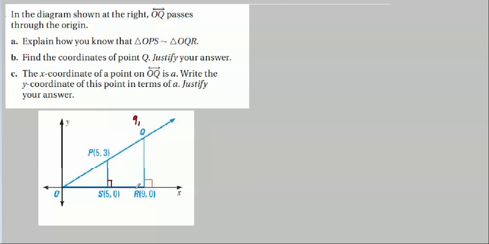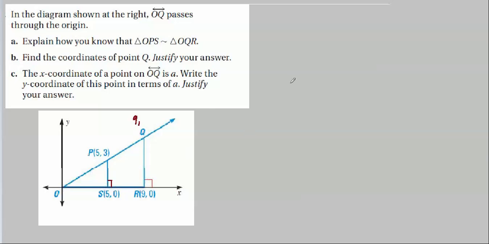That would be this side on the larger triangle. In other words, this part corresponds to this on the large triangle, and this side here corresponds to this side on the larger triangle. Well, this is 5 and this is 9. In other words, it's 5 to here and it's 9 from the origin to this endpoint.